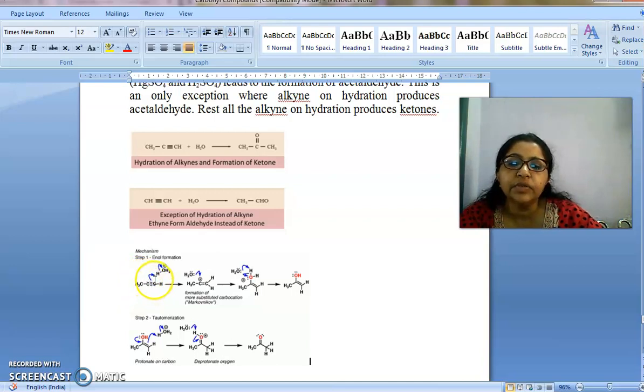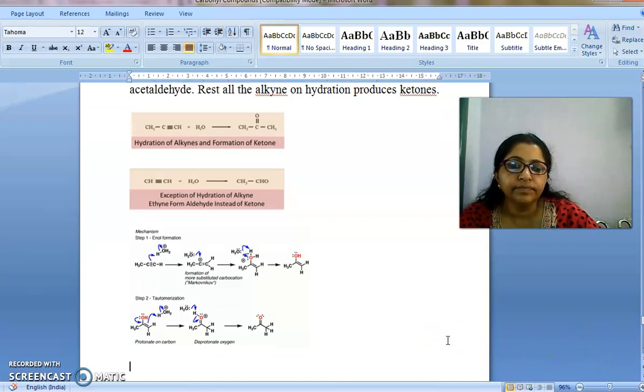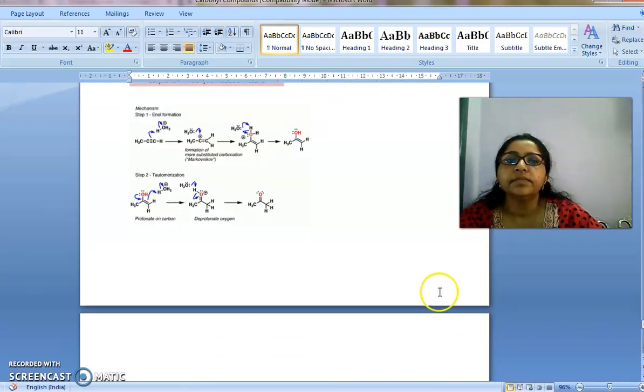So the H positive part will go to this particular carbon, and therefore we have a positive charge on the other. The water molecule comes, and the next water molecule will take the proton, making it neutral. We get here an enol. This enol will then tautomerize to form the carbonyl compound. So that's all for now. Thank you.